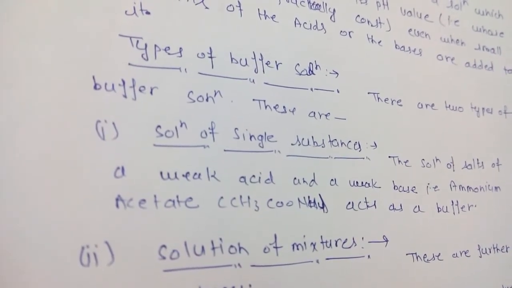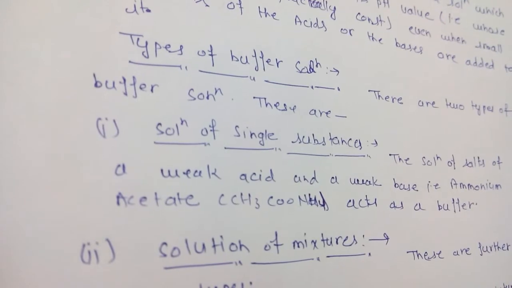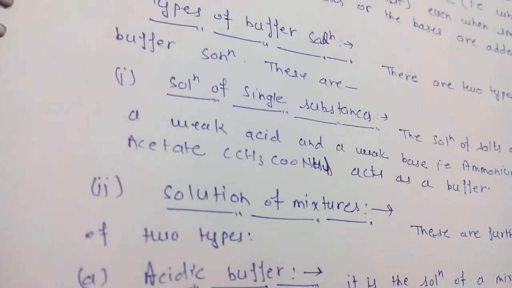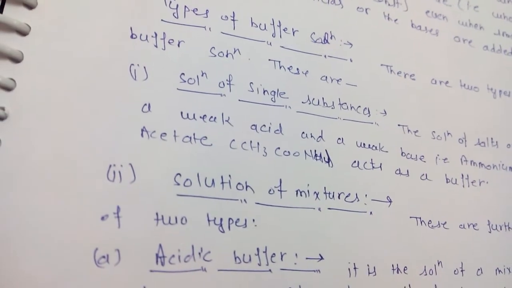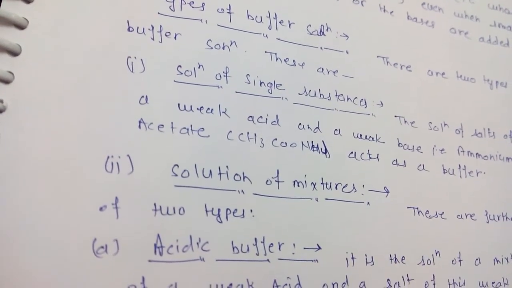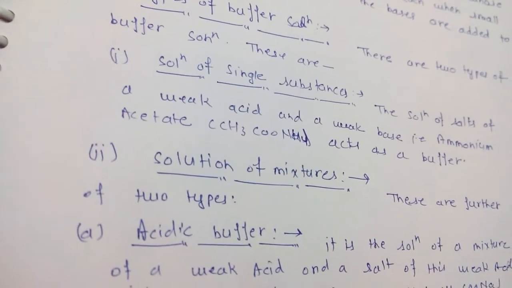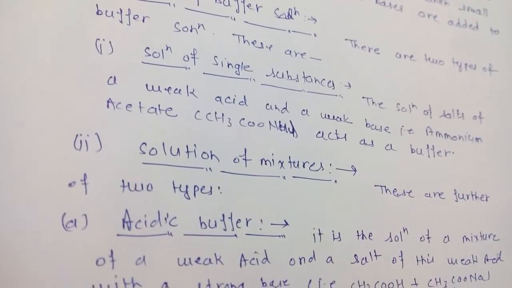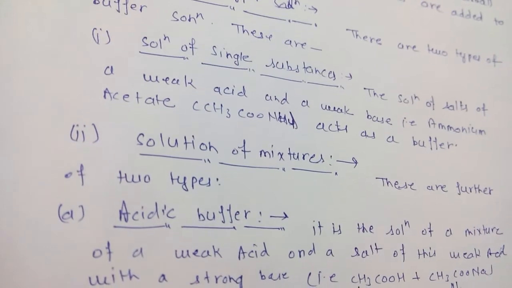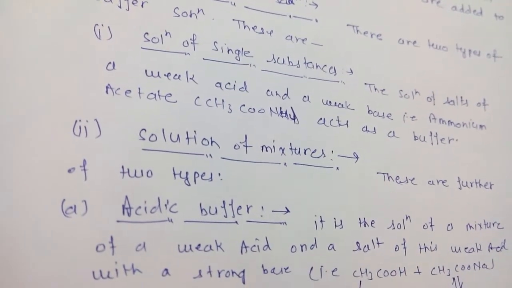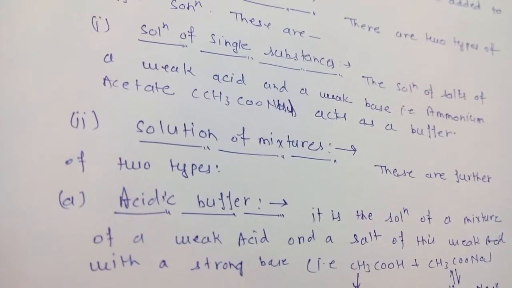Second type of buffer solution is solution of a mixture. These are further of two types. First, acidic buffer. Acidic buffer is the solution of a mixture of a weak acid and a salt of this weak acid with a strong base.